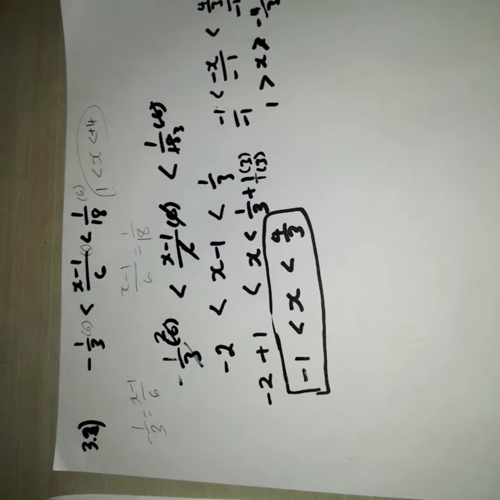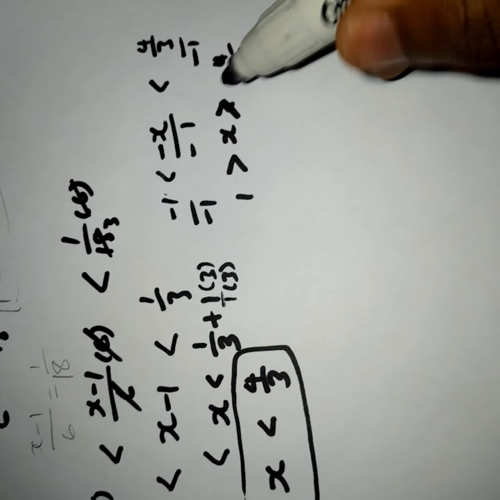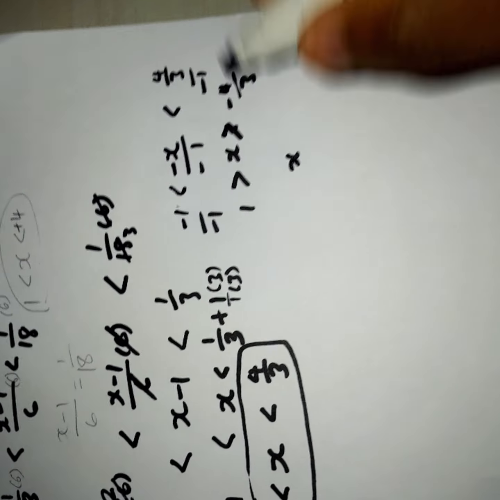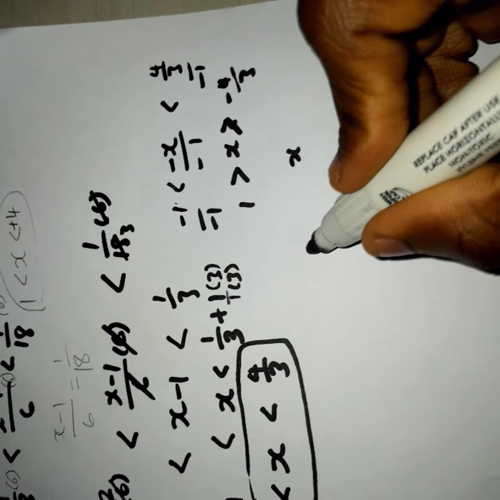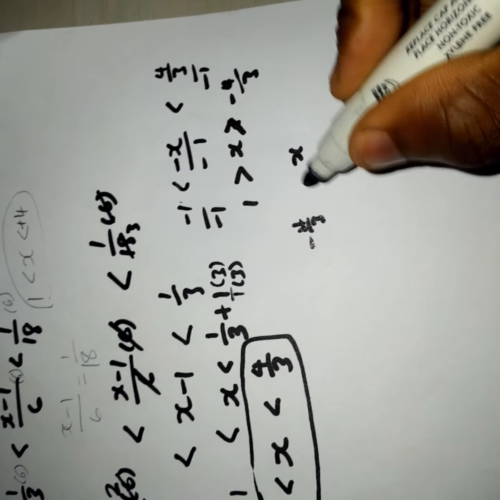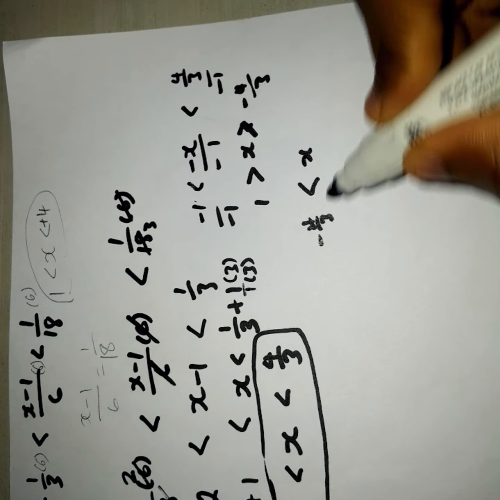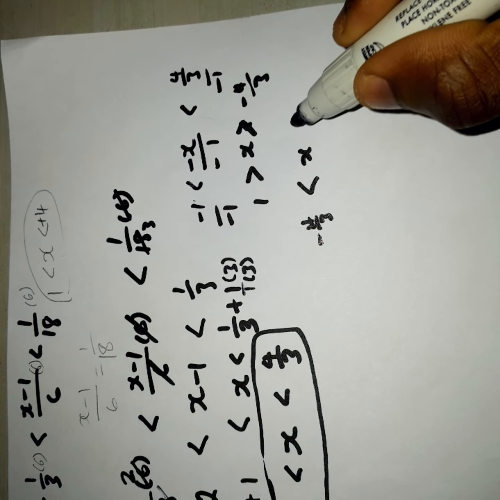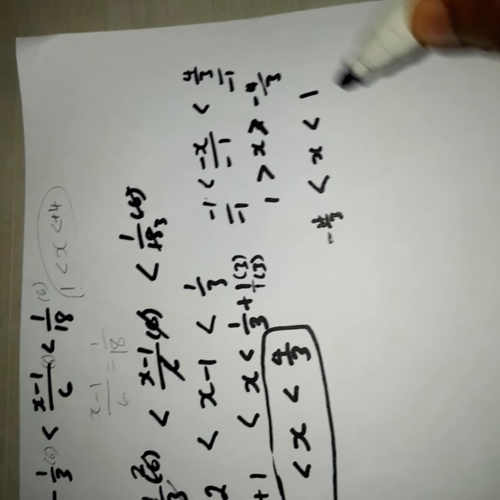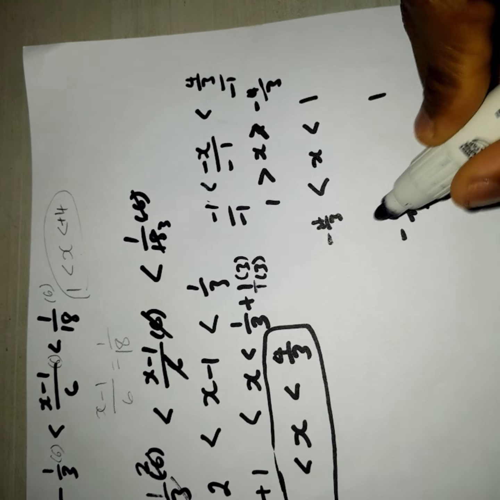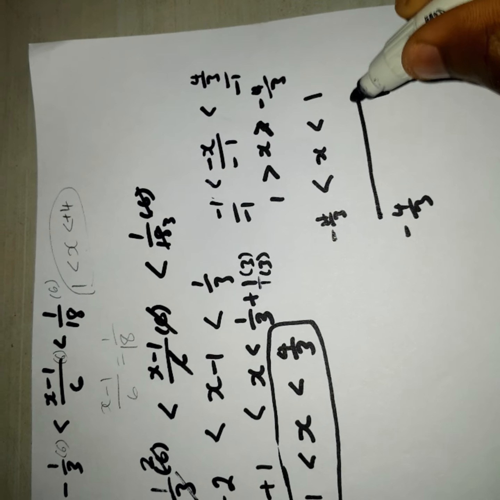So which means you can see now we can still change it. Instead of it being like this, we can just do x on the number line. It will be -4/3 first. It is greater than -4/3, and also it is less than 1, which means on the number line it was gonna be more or less like this.